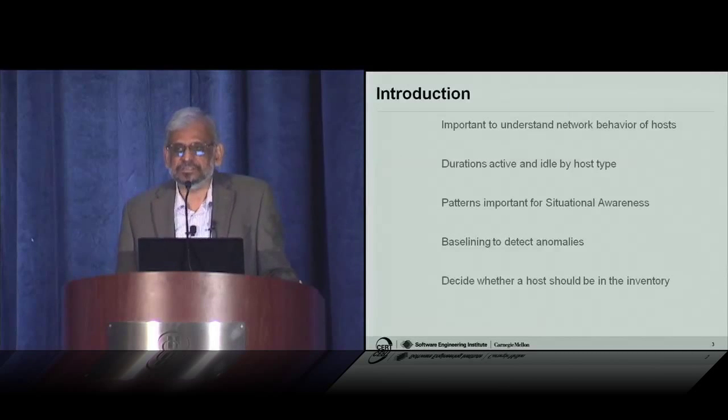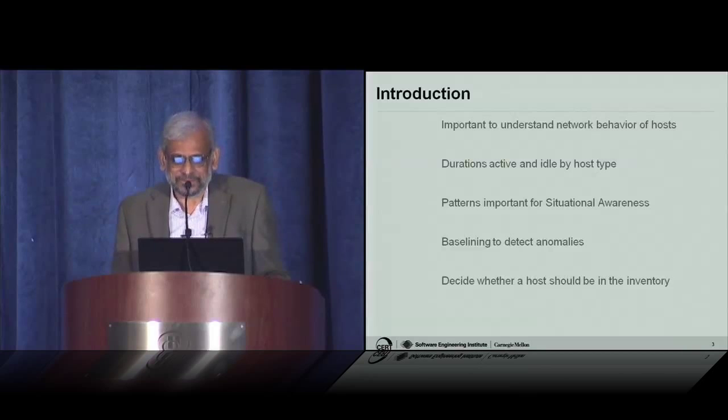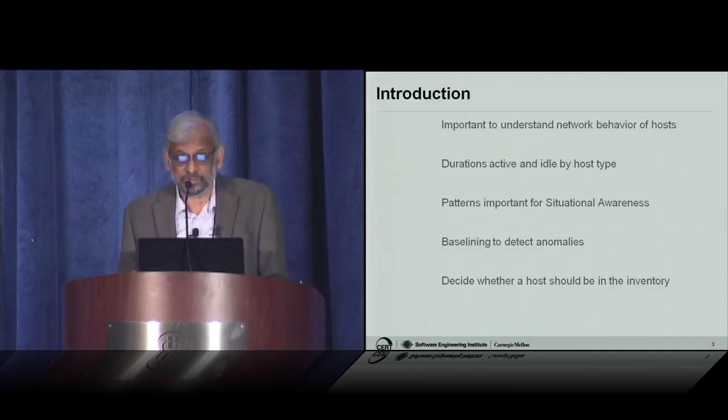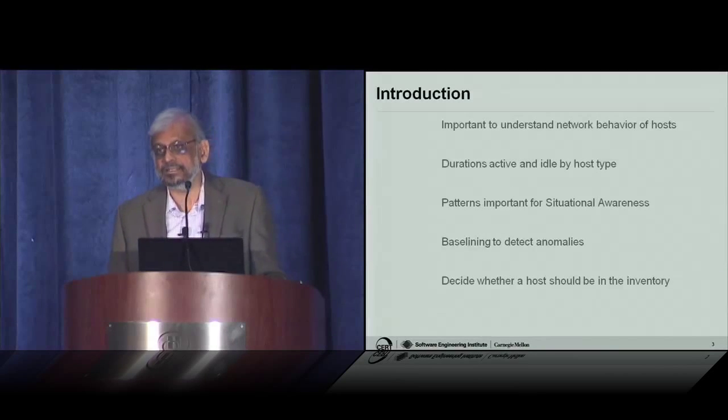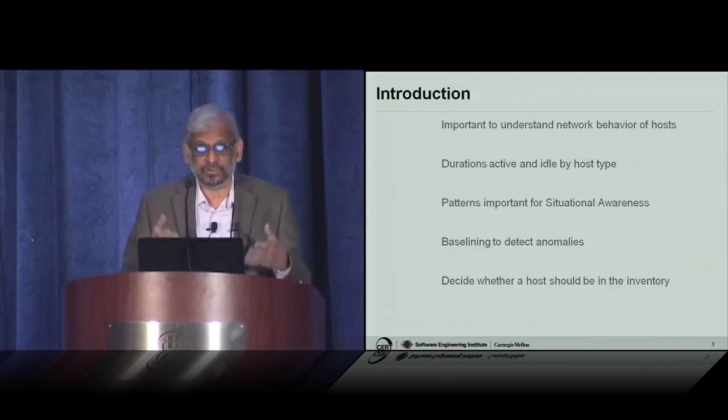For a variety of reasons, for this audience, it's fairly obvious that we need to understand the network behavior of hosts. One aspect of the behavior of hosts is the duration during which they're active and when they're idle, and what the exact pattern is of activity and idleness. And of course, this has to be done by host type.